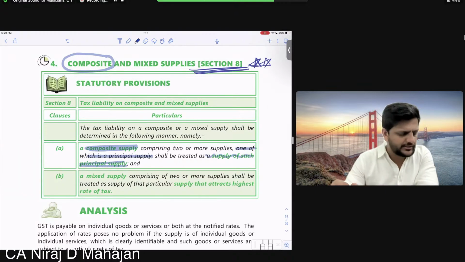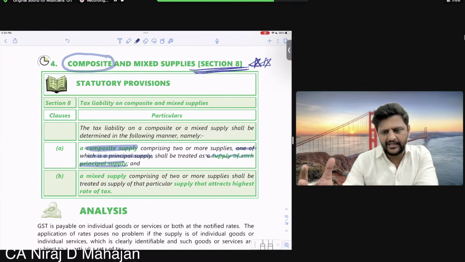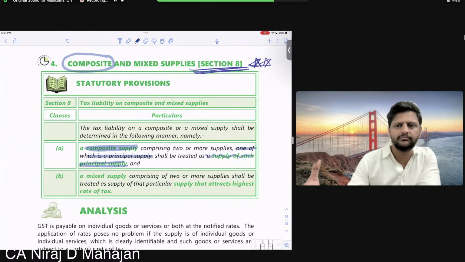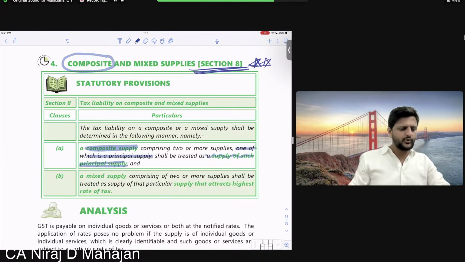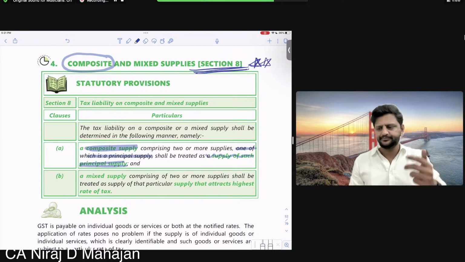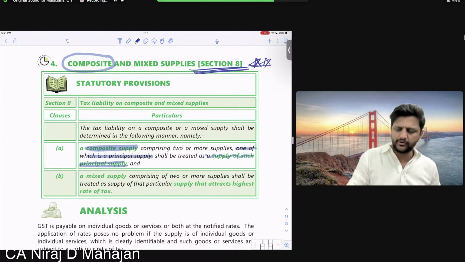Example again, laptop and charger. When you go to buy a laptop, you are mainly buying a mobile or a laptop, not the charger specifically. Clear till here?